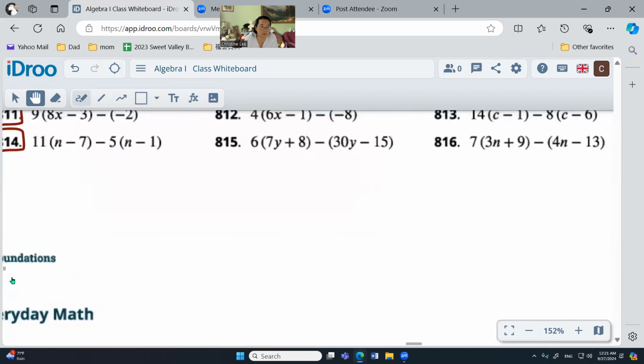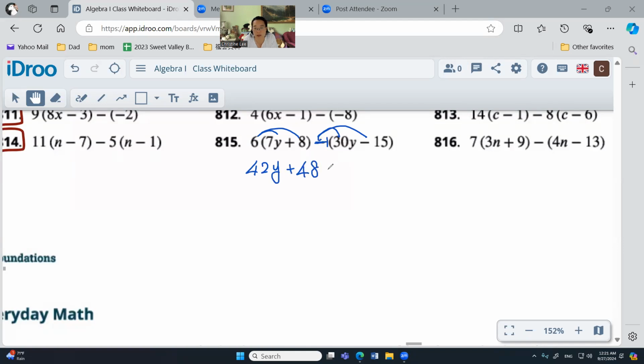Let's do the last one. This, this. And then, well, nothing in front, right? It's the same as 1. Yeah, you just multiply the negative. Negative, negative. Okay, so this one, 6 times 7 is 42y plus 6 times 8, 48.